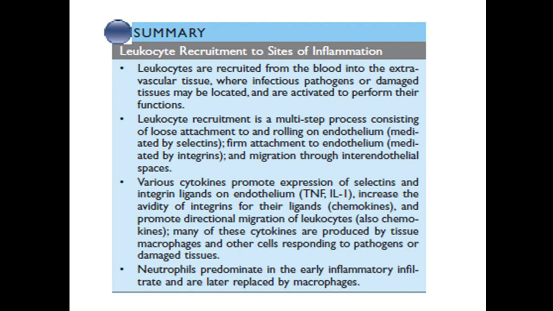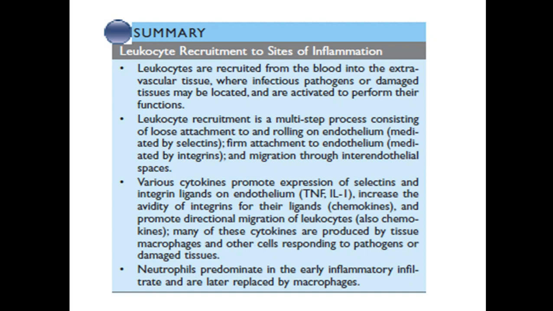So the vascular changes are two. Number one is the vascular dilation, in which the vessels are dilated and there is increased blood flow to the area, which results in two cardinal signs of inflammation. One is the warmth, and the second sign is the erythema, or increased redness due to increased blood flow.